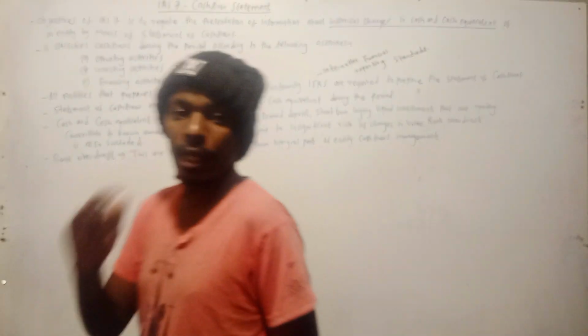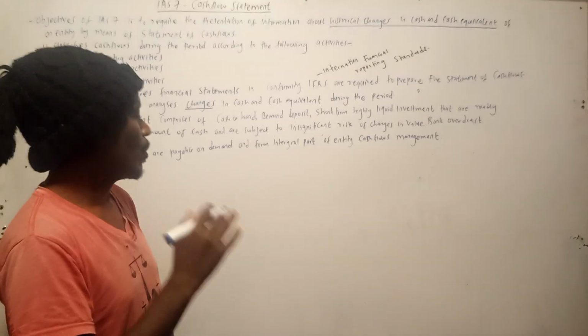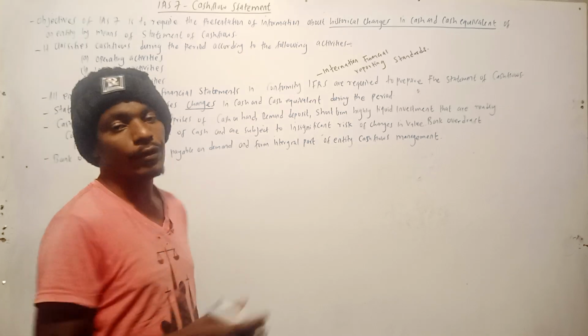So these are payable on demand. A good example for an overdraft is Fuliza.